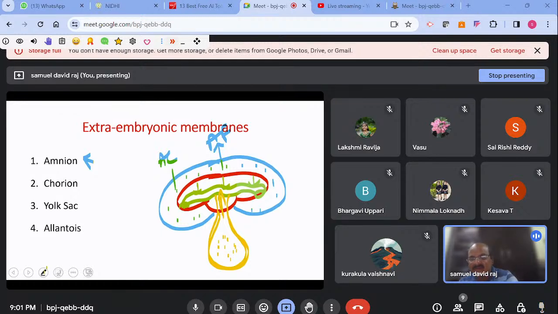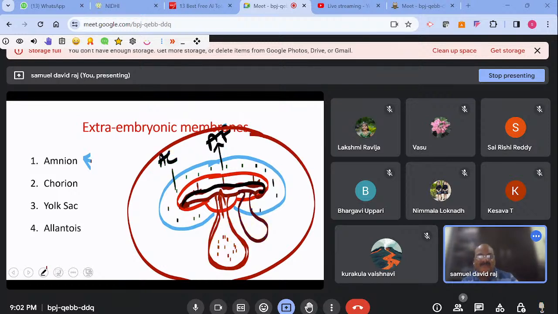And thirdly, there is an allantois that is connected to the hindgut region. Allantois is connected to the hindgut region. Okay, and above all these, we have another layer, that is chorion.